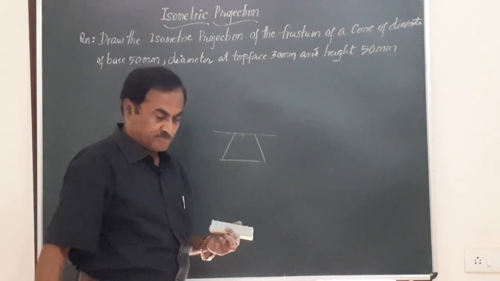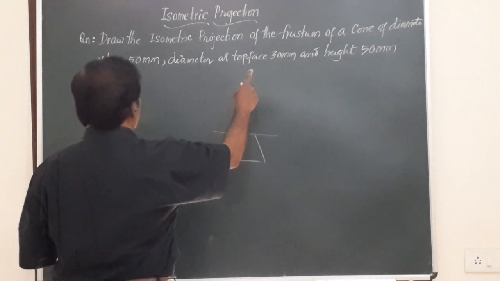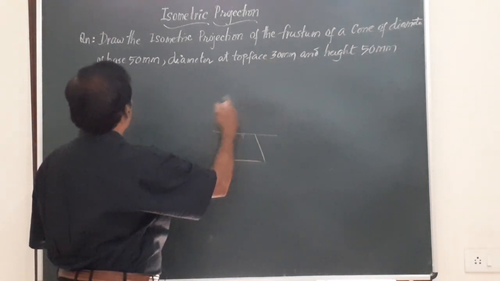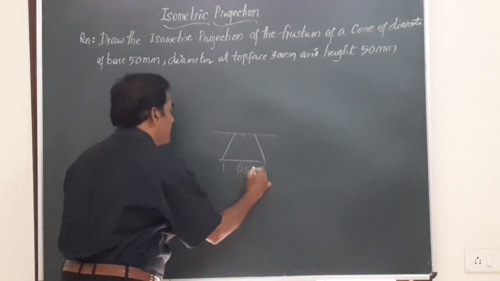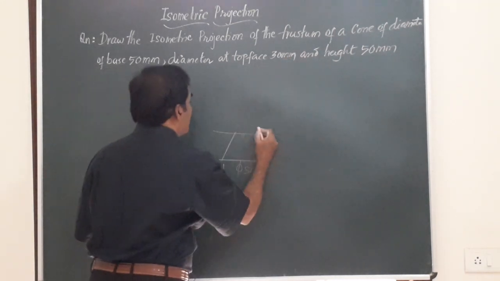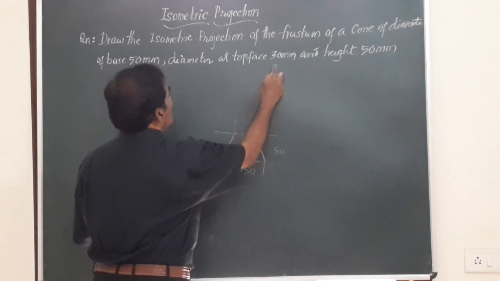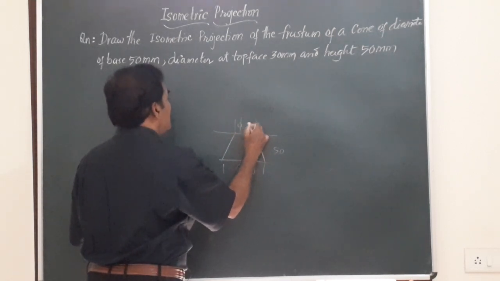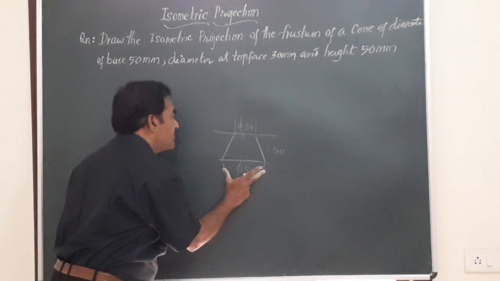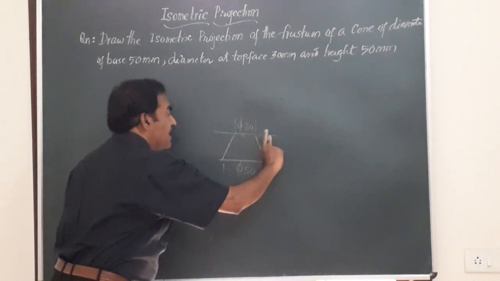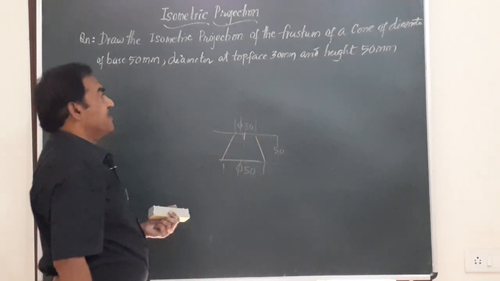In today's session, friends, we have to draw the isometric projection of the frustum of a cone having diameter of base, the bottom face, 50 mm, and the top face 30 mm, and the vertical height measured along the axis equal to 50 mm.